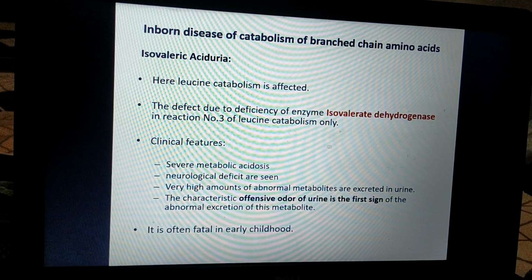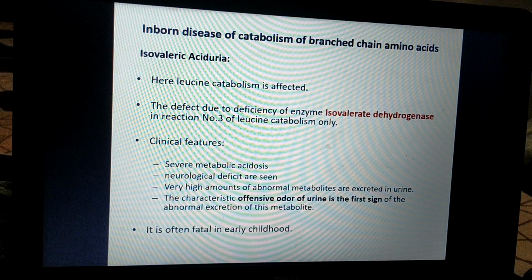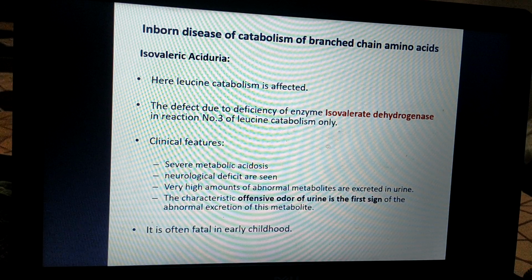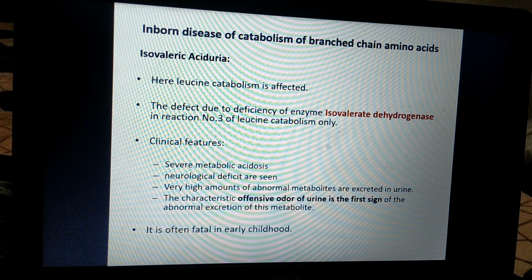Clinical features include severe metabolic acidosis, neurological deficits, and a very high amount of abnormal metabolites excreted in the urine. The characteristic offensive odor of urine is the first sign of abnormal excretion of these metabolites, and this is also fatal in early childhood. But this disease is very rare as compared to maple syrup urine disease.